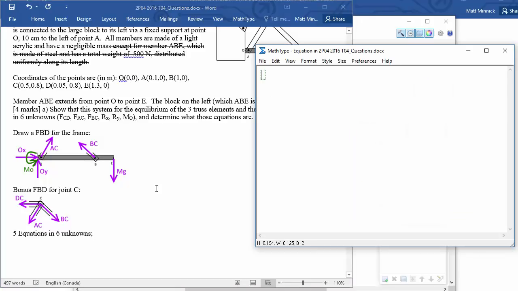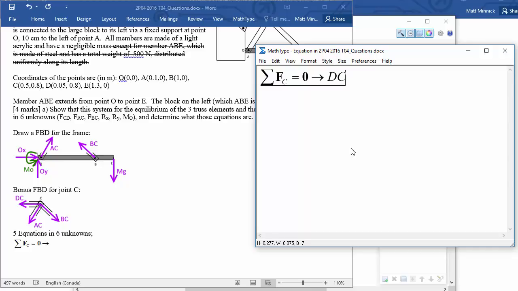So we could write them out. We've got the sum of the forces at C equal to 0, which gives us the x component, negative DC, minus AC. And now, you know what? Let's put the whole thing in vector notation. So this is another way that you can do it. When we've got crazy coordinates for the different things, and it's not just a pure horizontal and easy angles that we can write out, then it makes a little bit more sense to write it in a bit more arbitrary notation.